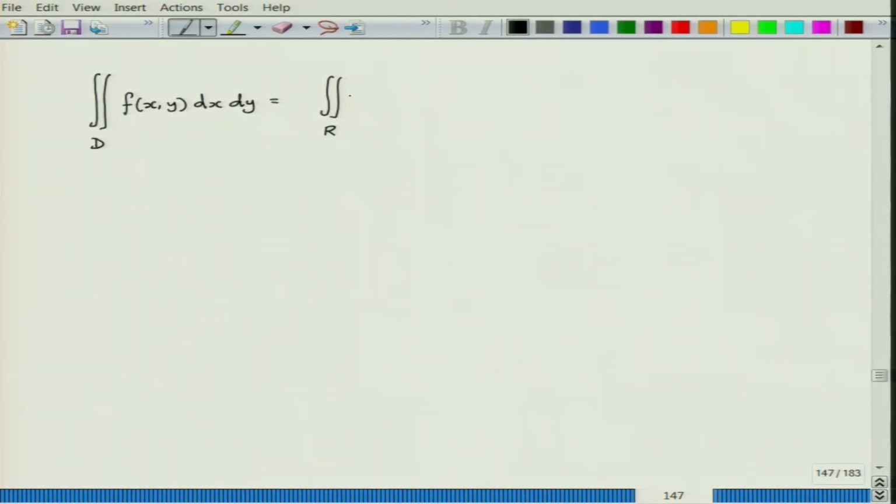R. Let the rectangular region be AB and CD. Let us now take R to be of the form AB cross CD. Whenever I write these kinds of things, you will always write it like this, f tilde.